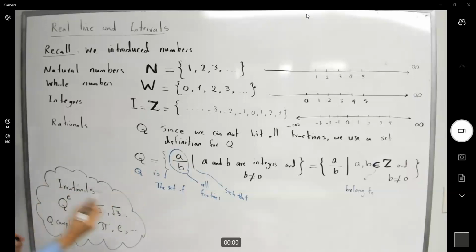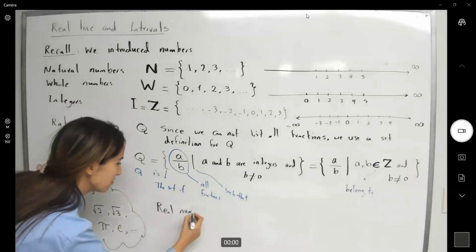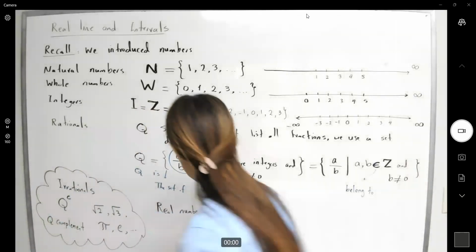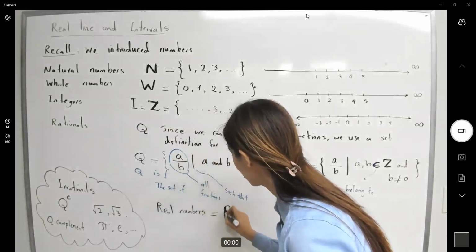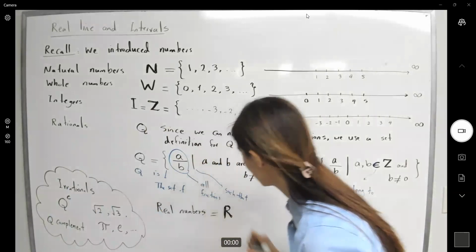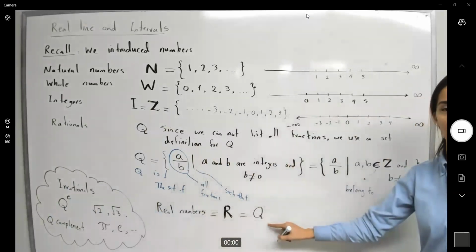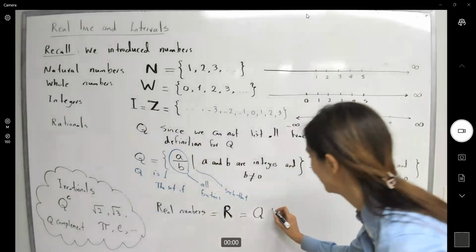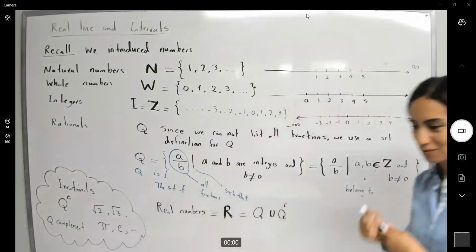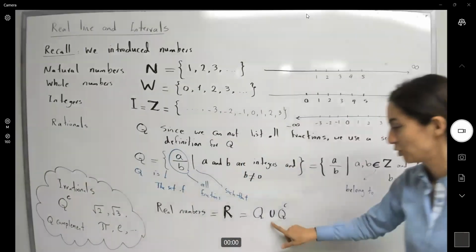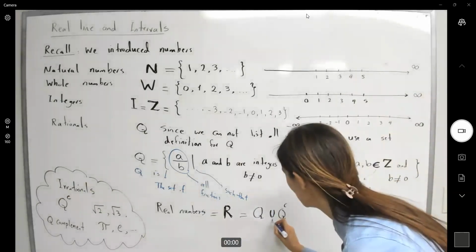So we say that real numbers, denoted by bolded letter R, is Q for rationals union Q complement. This U here is a mathematical operator that we call union.